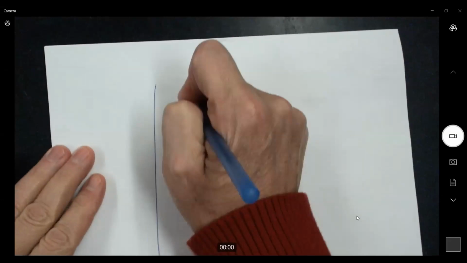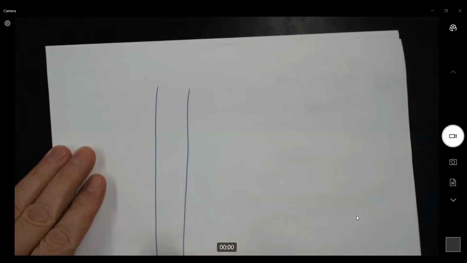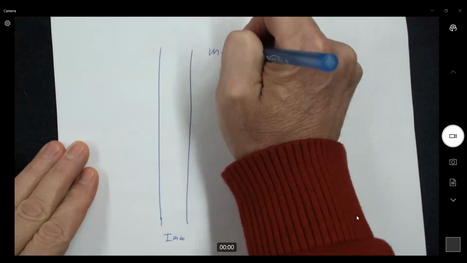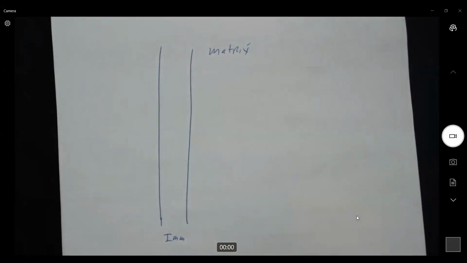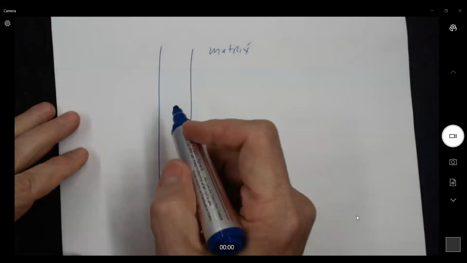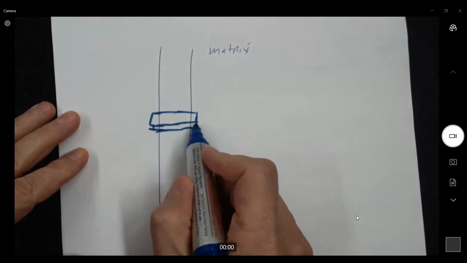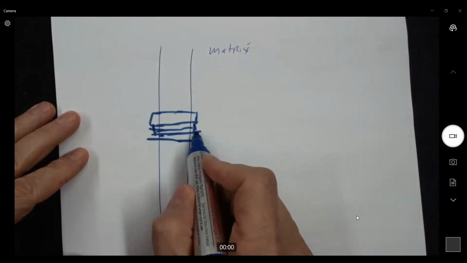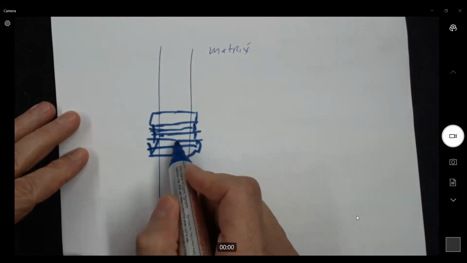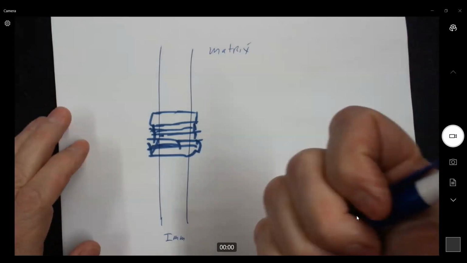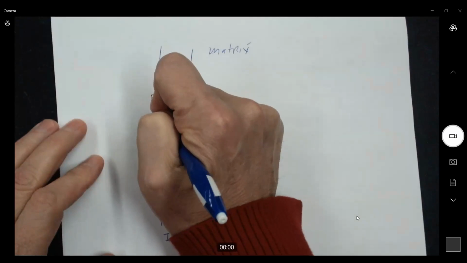So in the membrane, this is your inner mitochondrial membrane. If this is your matrix, you're then going to have something like the F-type, the F-naught, F sub O subunit.